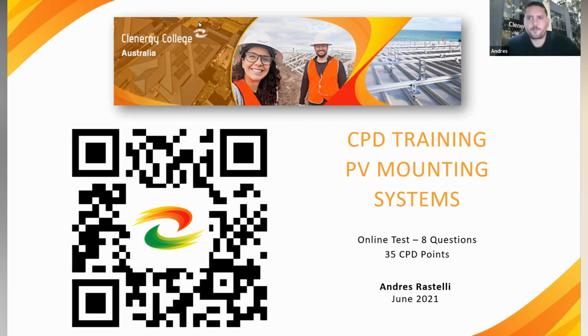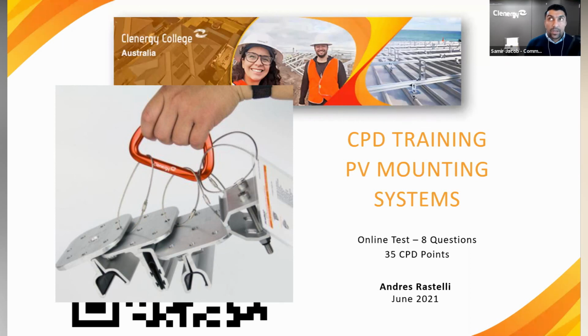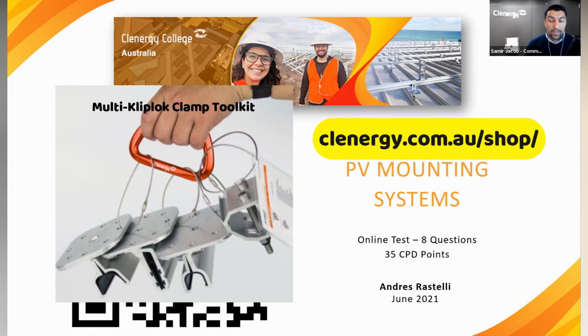That's correct. Cool. Also, I wanted to mention to everyone listening in today, Andreas did mention various clip lock clamps, and to ascertain which one you want to use, we've created a multi toolkit. So if you go to clenergy.com.au, there we have an online store where you can pick up a complete toolkit which has one of every different type of clip lock clamp.